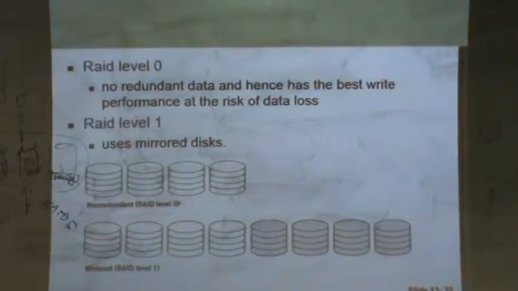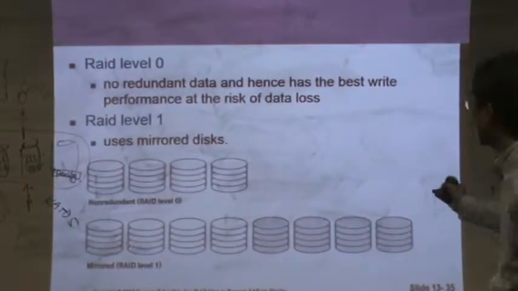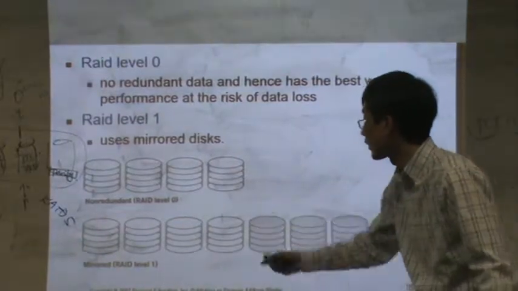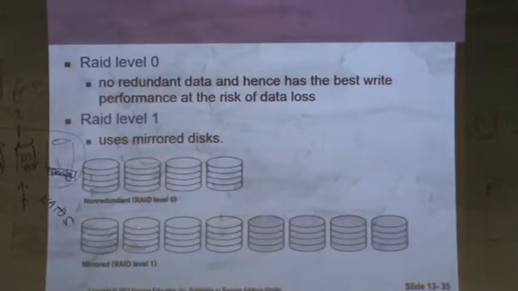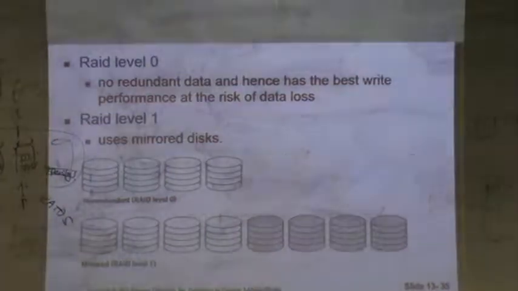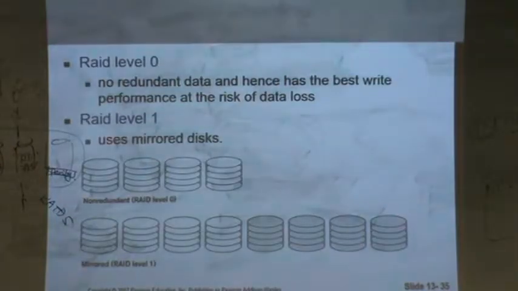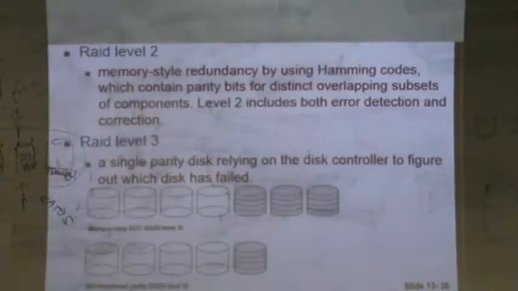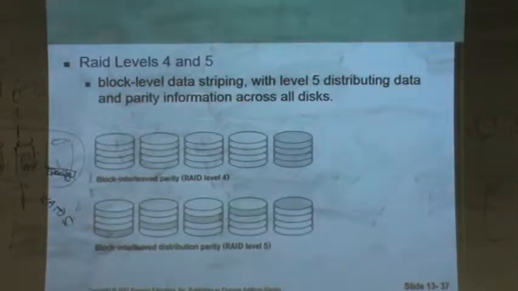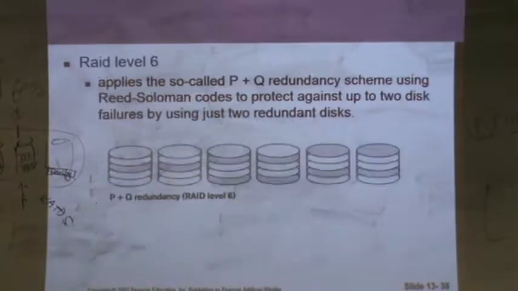Mirror data, we have here a mirror data. RAID 5 is this one. Don't pay attention, it's just for your knowledge and common sense, so you can understand what RAID is.